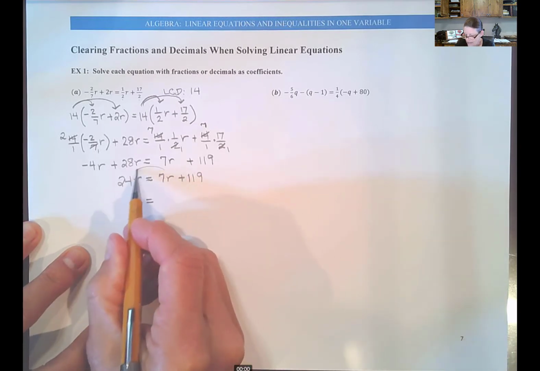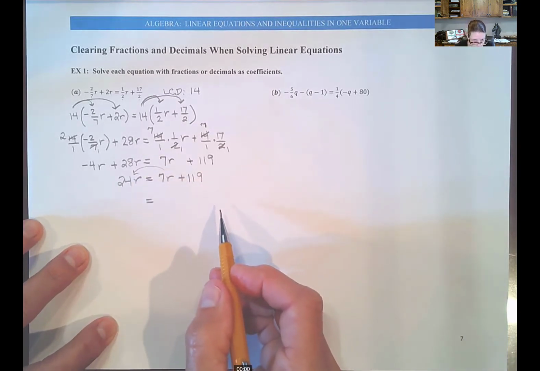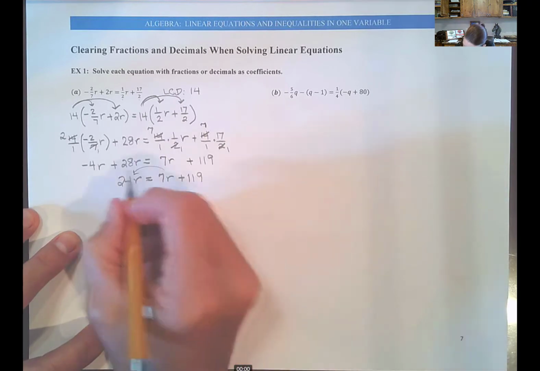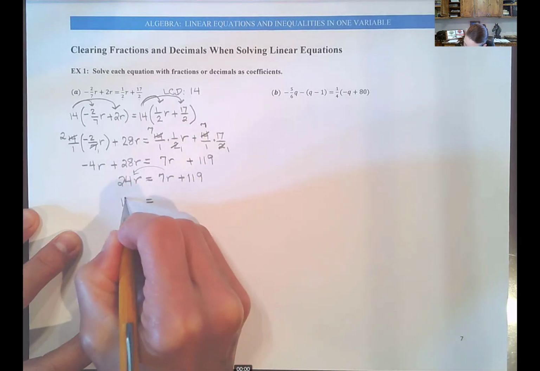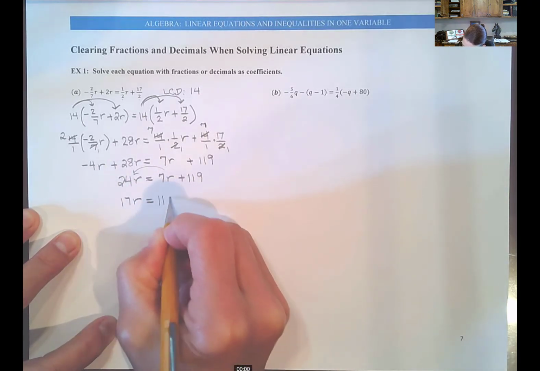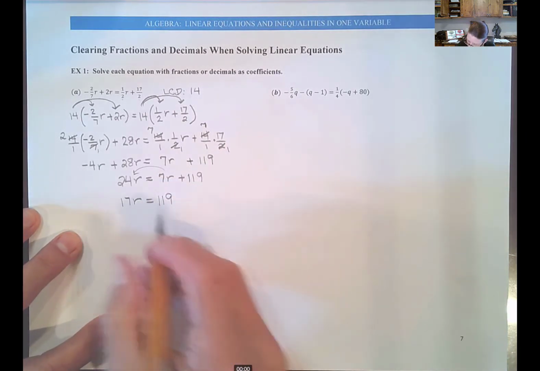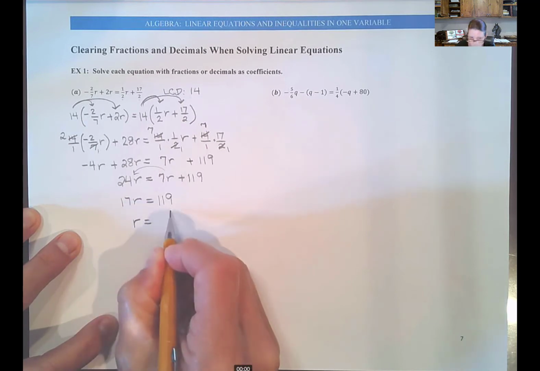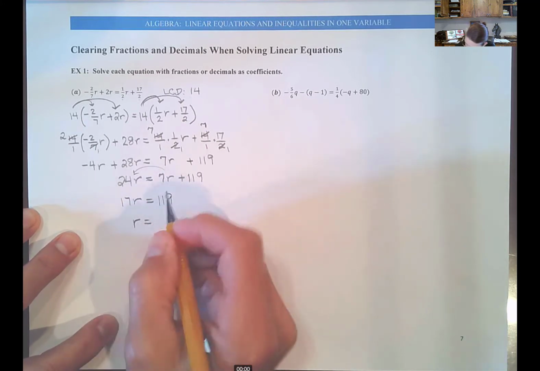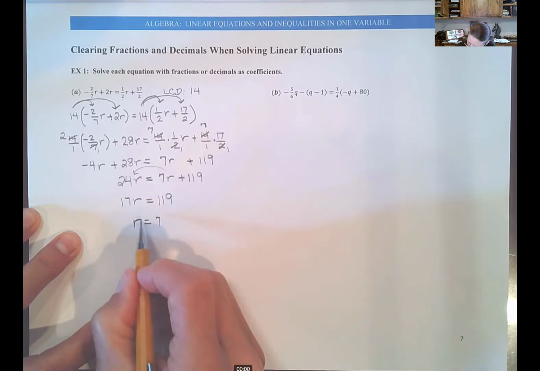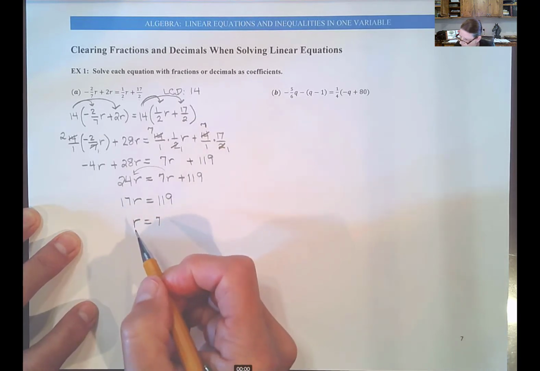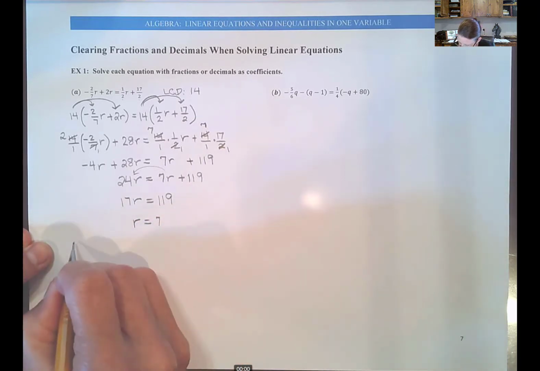Let's subtract 7r from each side. 24r minus 7r is 17r. And dividing each side by 17, okay, 119 divided by 17 is 7, and you can use your calculator for that. Let's go ahead and check this one.